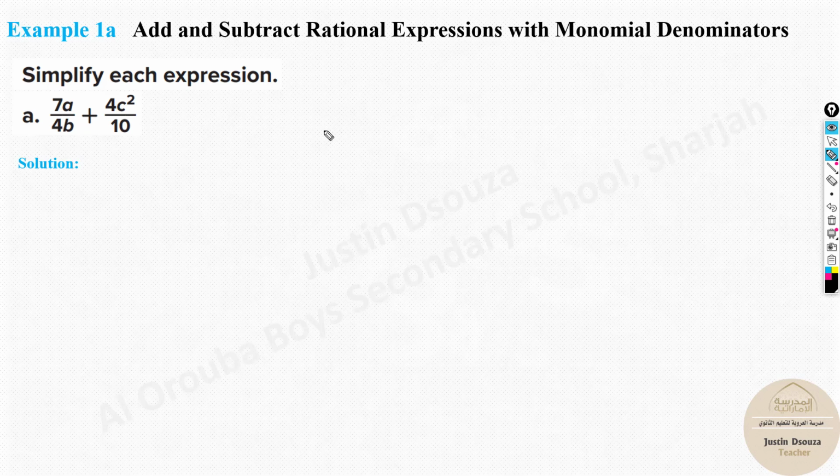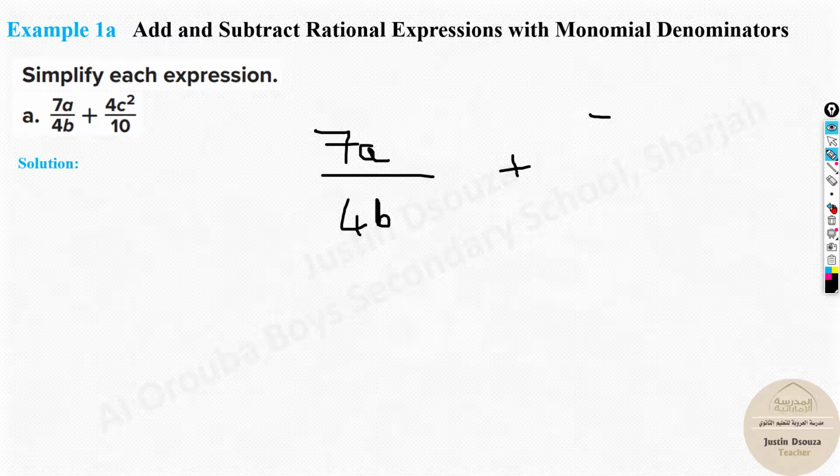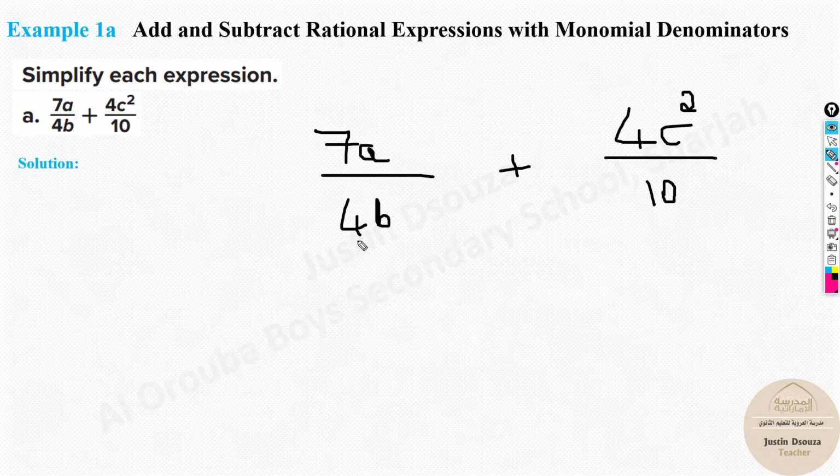Now we will write it: 7a by 4b plus 4c squared by 10. Now what you need to do is look at the denominators. The denominators here are 4b and 10.